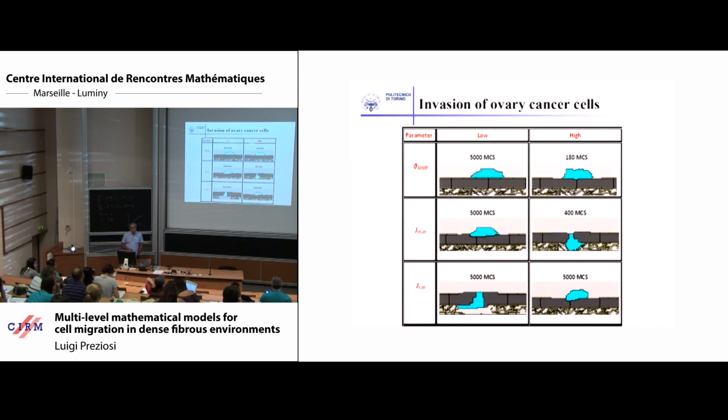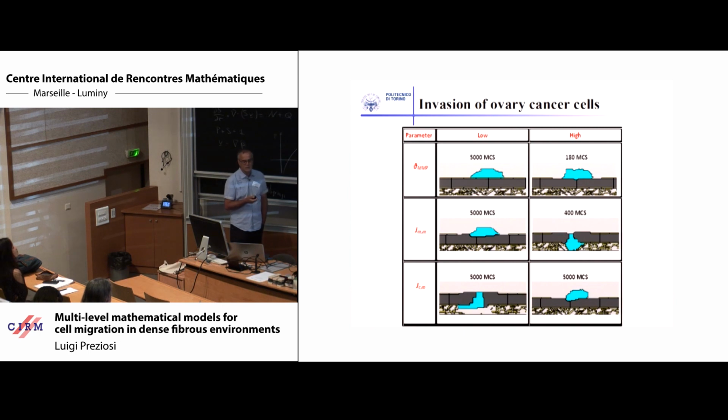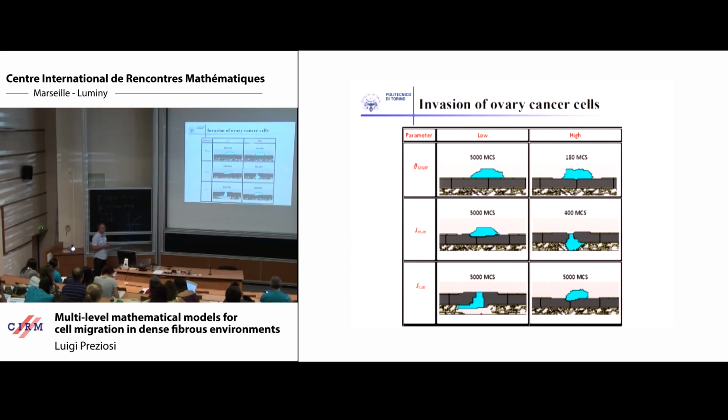And the question now is, what happens? This is, in some sense, what we as modelers, as mathematicians, can give to the biologist: try to test what is most convenient to do as a first experiment, to classify the experiments according to what is more promising. So what happens if you change the parameter related to metalloproteinases?